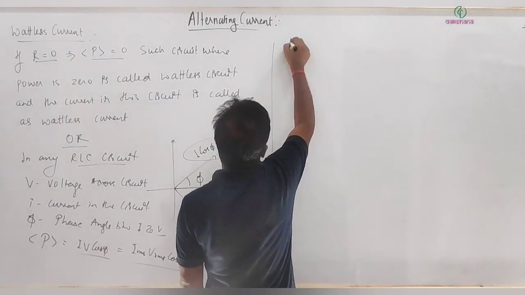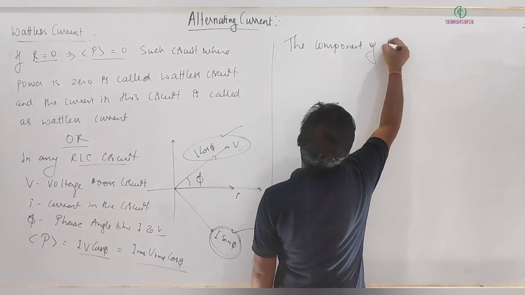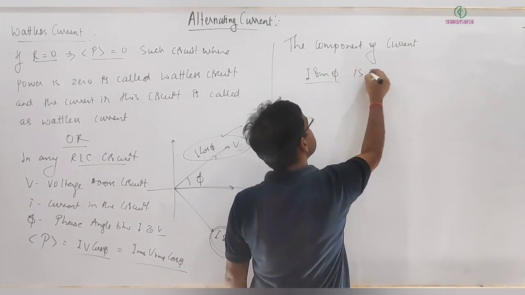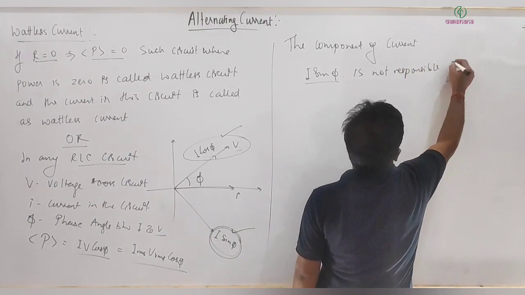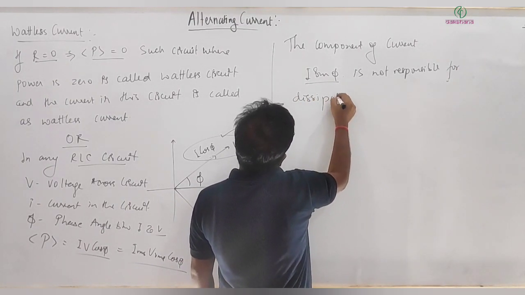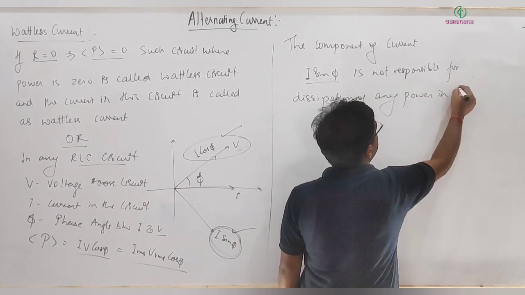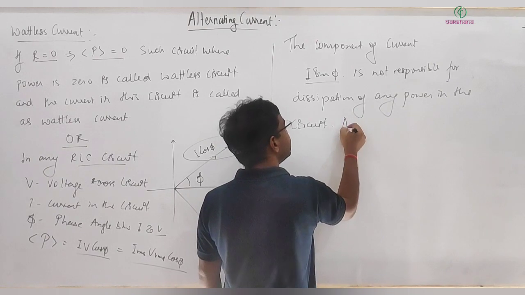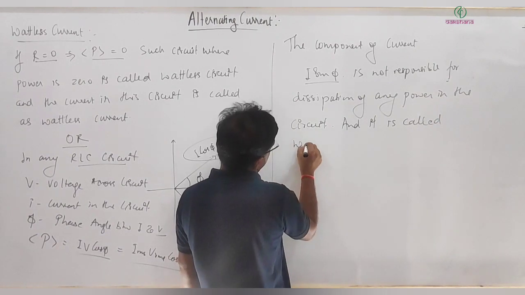So the component of current that is I sin phi is not responsible for dissipating any power in the circuit, and it is called wattless current.